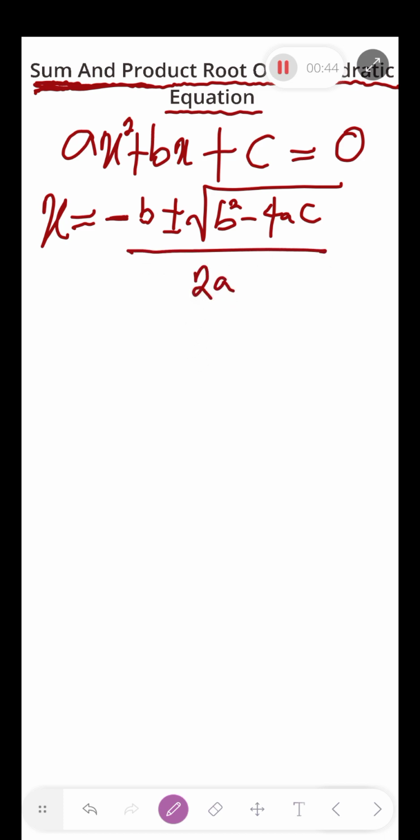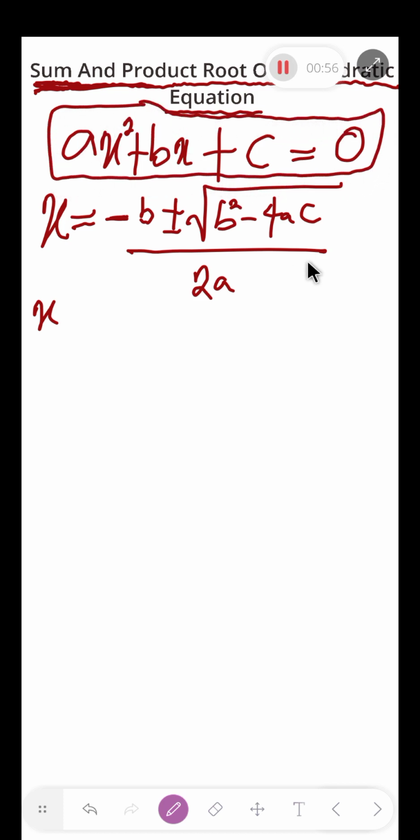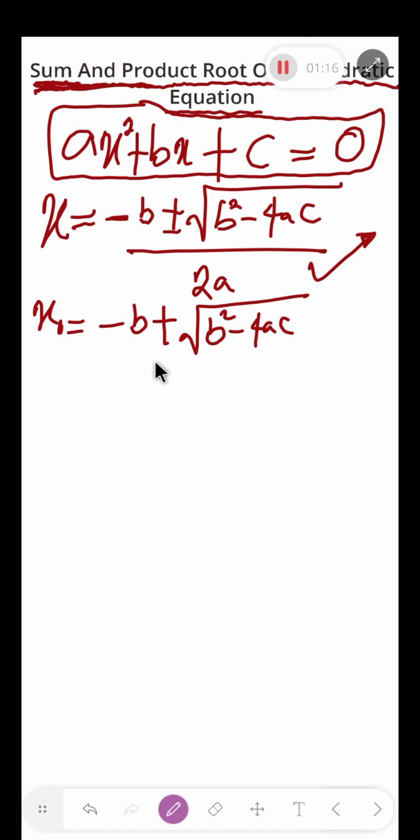Now looking at this, the quadratic equation has two roots. This is the final solution. The two roots for this quadratic equation are the results that we have here, such that the first result, which is x1, is always equal to minus b plus, you take the positive part first, square root of b squared minus 4ac over 2a.